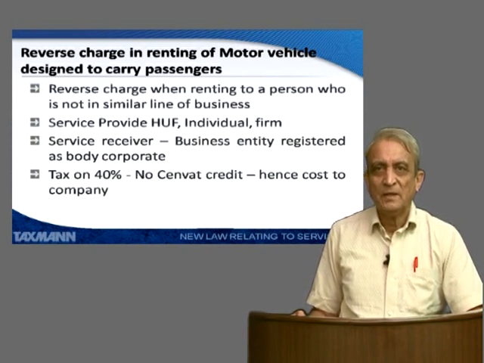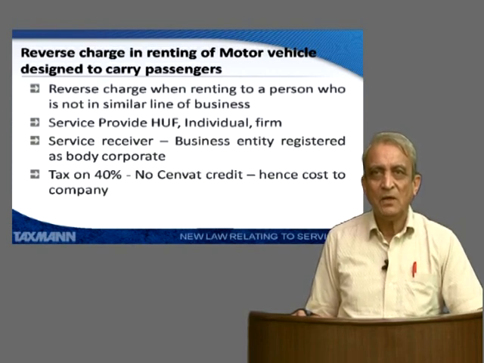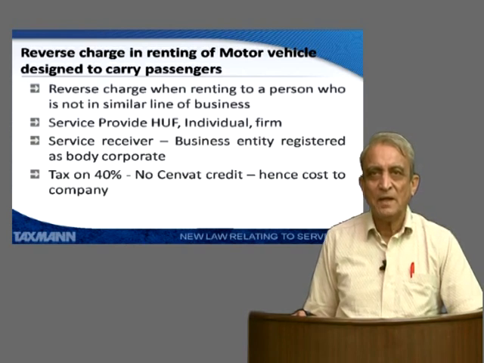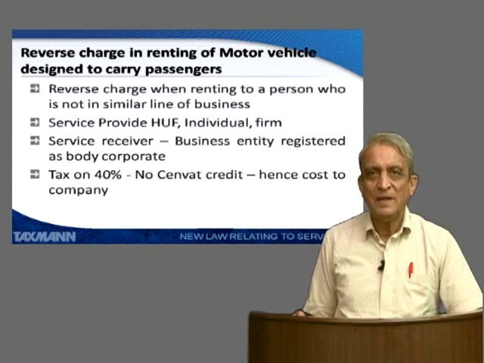Now, the service tax paid on renting of a motor vehicle designed to carry passengers is unfortunately not eligible for Cenvat credit in most of the situations.